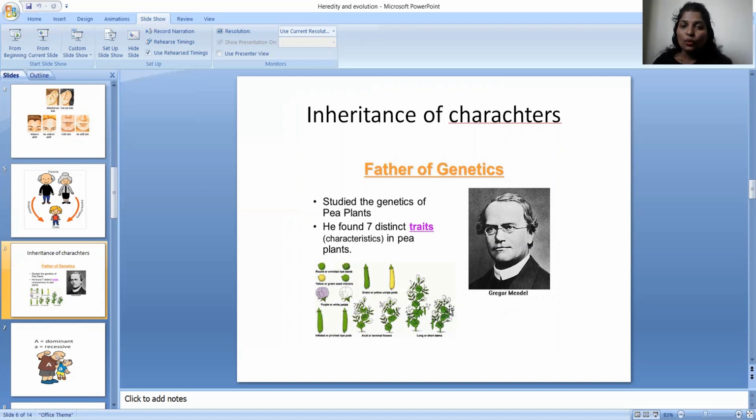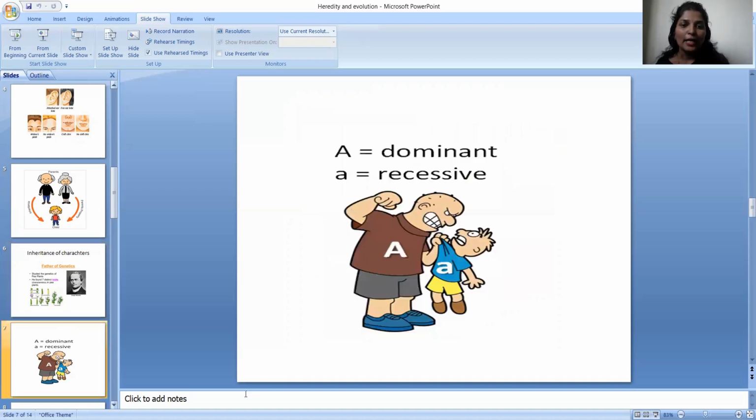He also found two basic terms which are very important during the study of heredity, that is dominant and recessive traits. Here in this picture, this man is dominant over this poor child. So this is a dominant and this is a recessive trait. But in theoretical language, how did Mendel explain dominant and recessive traits?